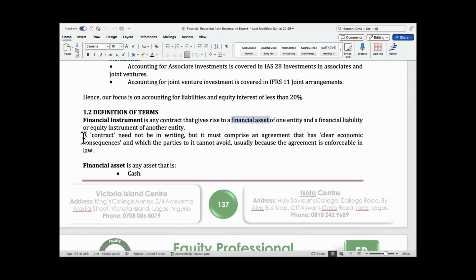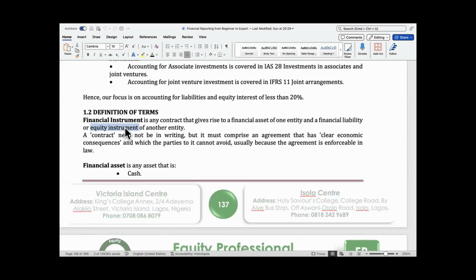The technicality arises in identifying what the issuer has, because it said they can either have a financial liability or an equity. So at every point in time, you need to be able to know what the issuer has issued.